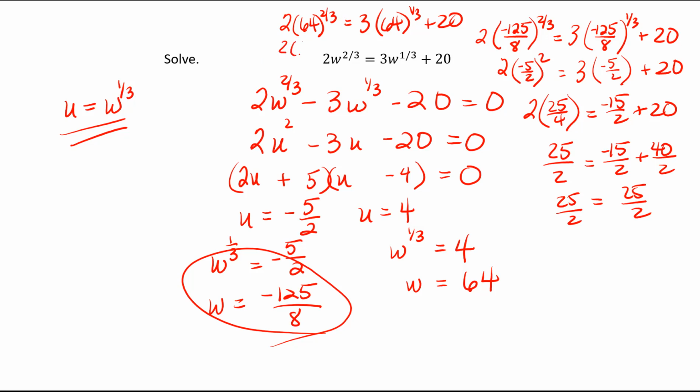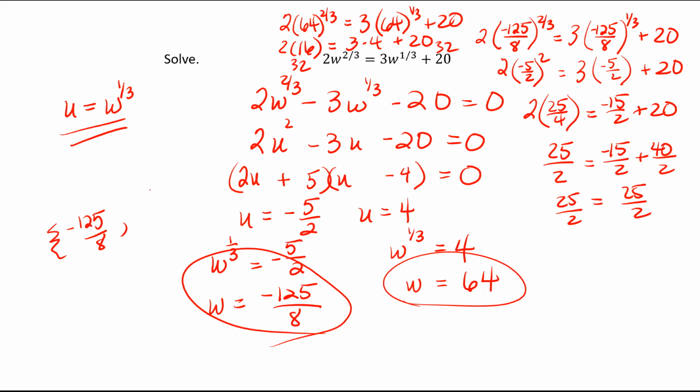So 2 times 16 equals 3 times 64 to the 1/3, which is 4, plus 20. So that means the left side is 32 and the right side is 12 plus 20, which is also 32. So 64 also works. So my solution set for w is negative 125 over 8 and 64.